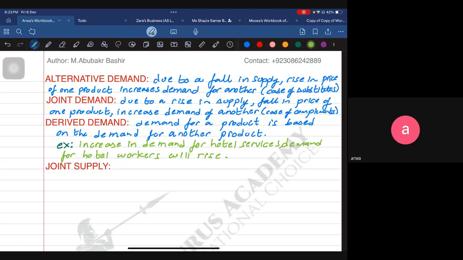So if there's an increase in demand for any fast food, wouldn't the demand for those machines increase as well? Yes, it will, because you don't really need even workers for that. It's just that machine. Exactly. So you will need more of such machines so that the demand can be fulfilled more quickly.